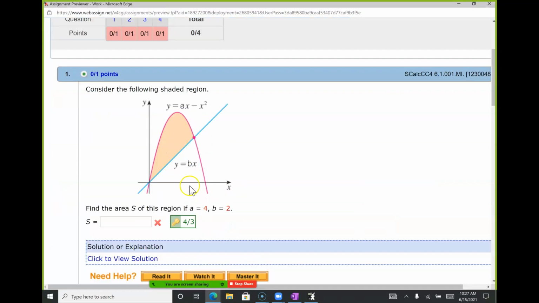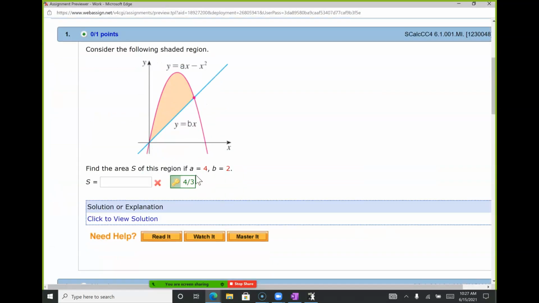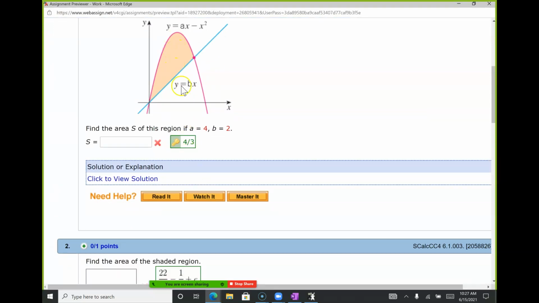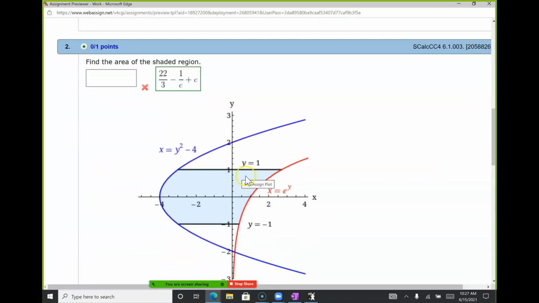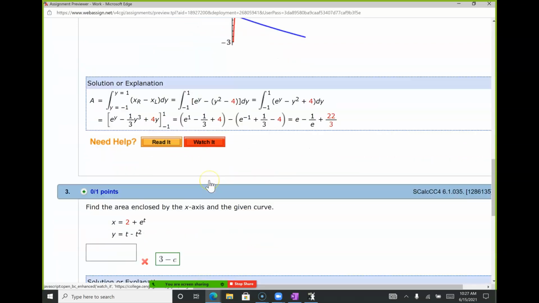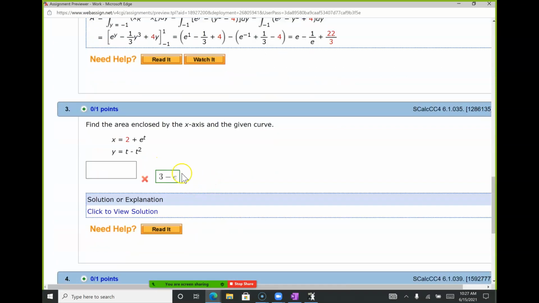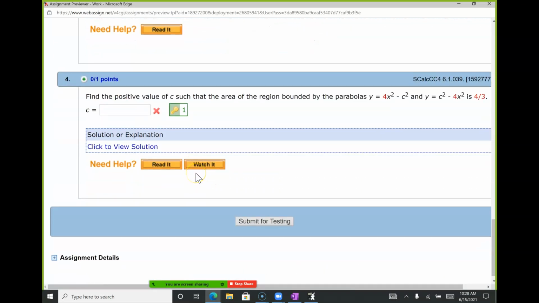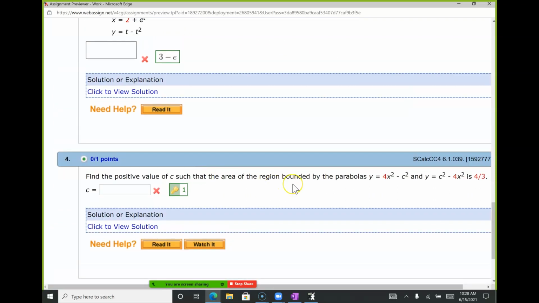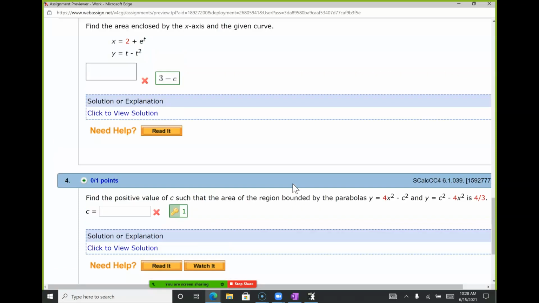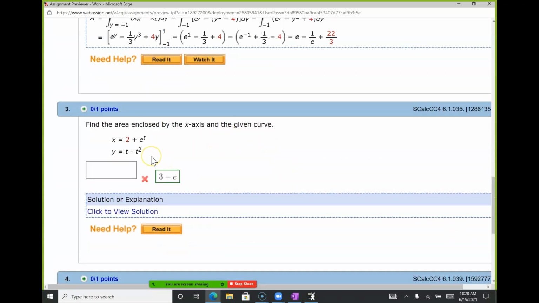So the first one is area between two curves, top minus bottom, right? The second one is right minus left. The third one is parametric, and the fourth one is not parametric, right? So it's the third one that's parametric. Let's take a look at that one together.